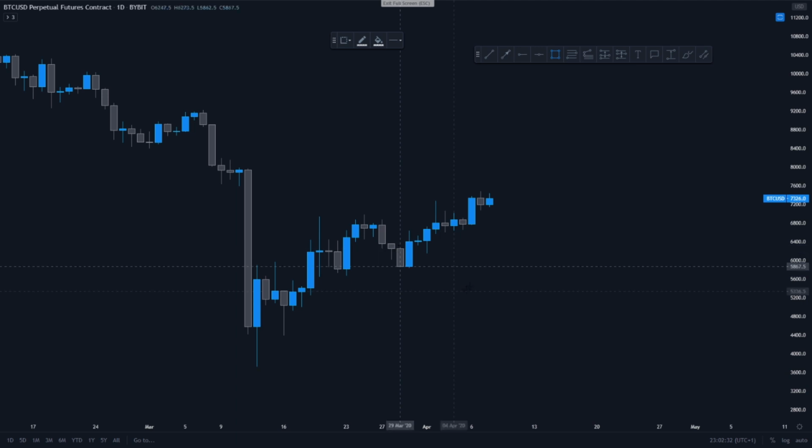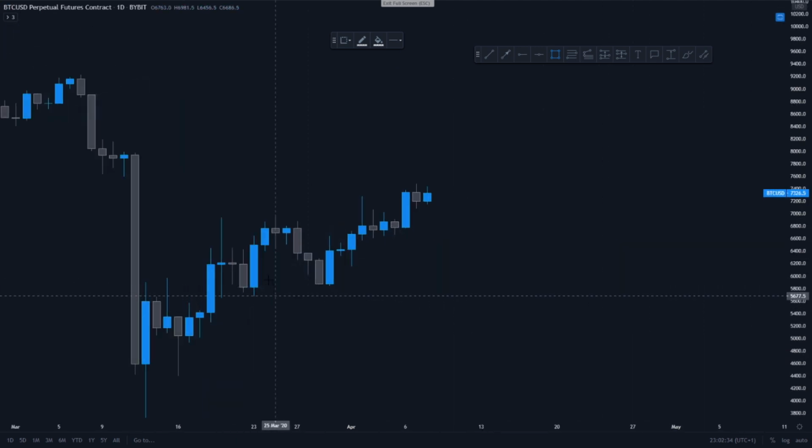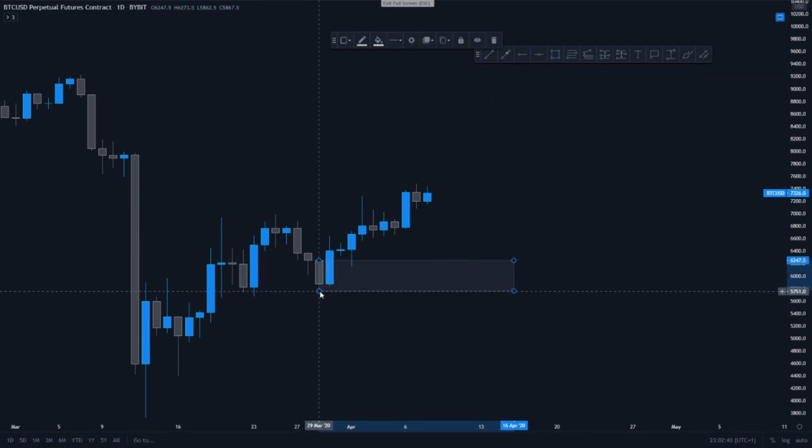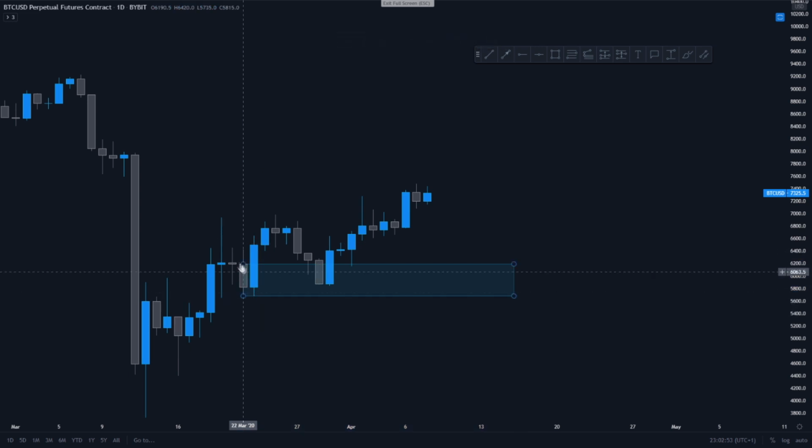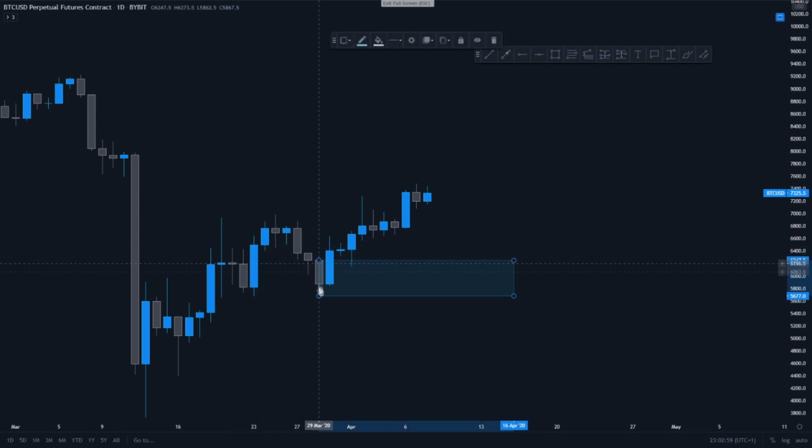We just spoke about this demand zone, but we have another demand zone here. And on the daily time frame, guys, these are also engulfing structures. This is a bullish engulfing, so this last down candle is being engulfed by this candle, and the same happens here as well. This is a bullish engulfing.